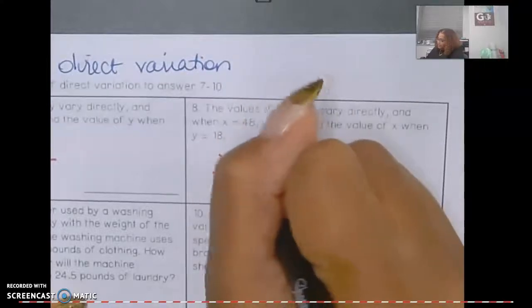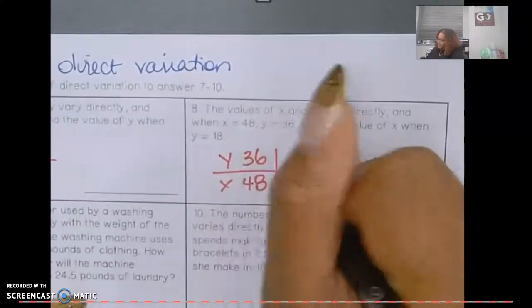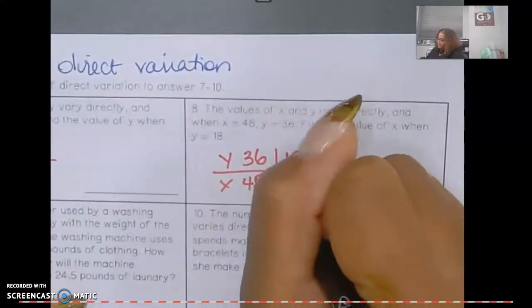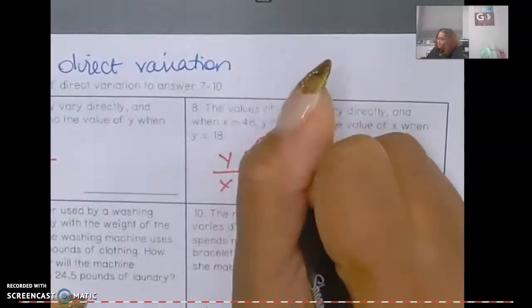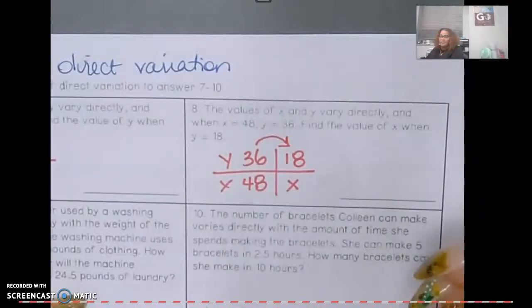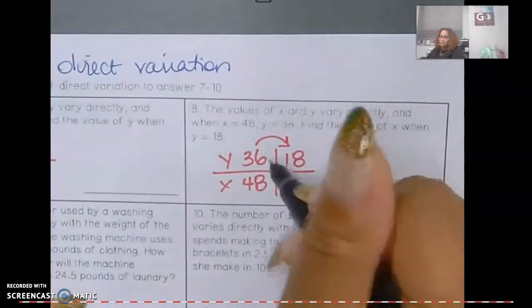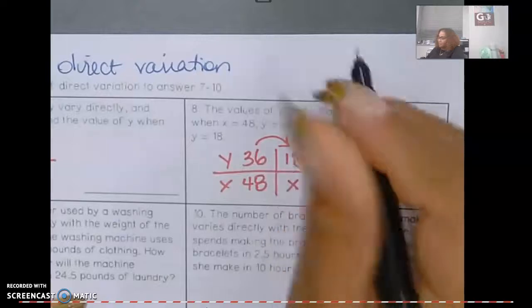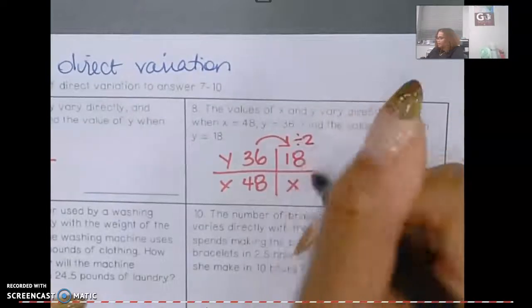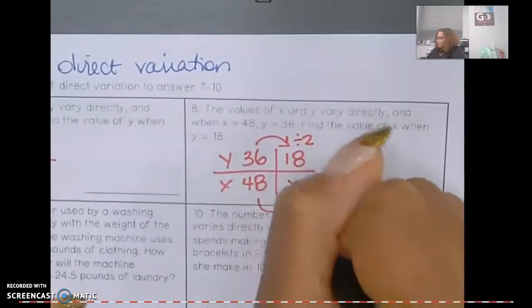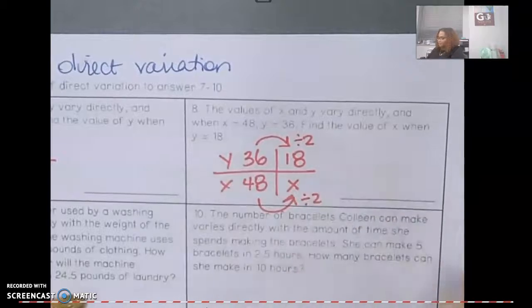Y is 36, x is 48, y is 18. What is x? A certain student in a class discovered that this was a multiplicative relationship. So 36 divided by 2 is 18. So whatever I do to the top, I must do to the bottom, divided by 2. And that will give you your answer here.